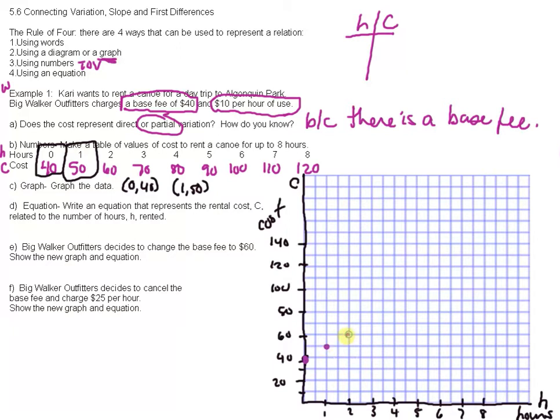After 2 hours, it goes up to 60, 70, 4 hours, 80, 90, 100, and 110, 120. Okay, and with our ruler, we are going to draw that line. Now we haven't created an equation for it, so we can't label it yet, but we will. And let's just go cost of canoe rental.